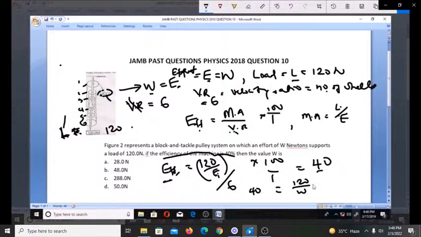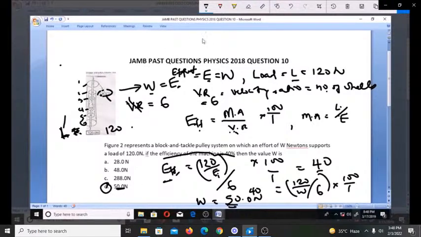So all this all over 6 times 100 over 1. If you do this calculation by making W the subject of the formula, you get the answer. W is equal to 50 newtons. So the answer is D, W equal to 50 newtons.